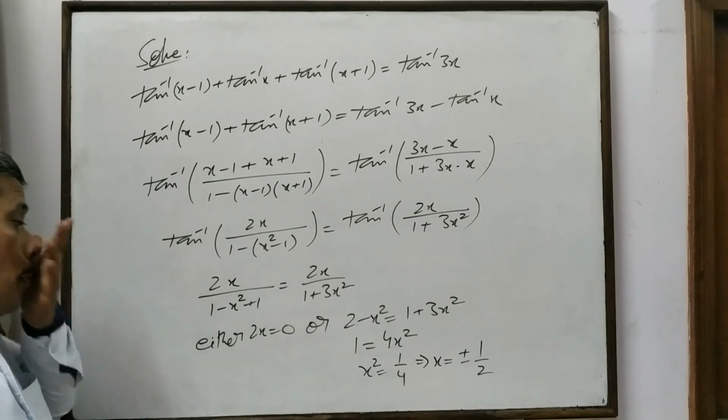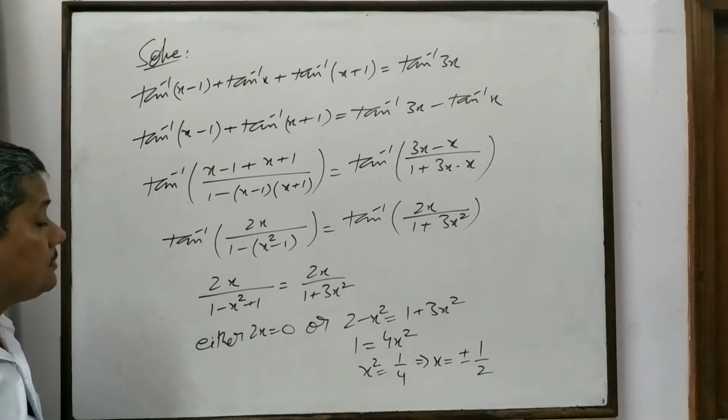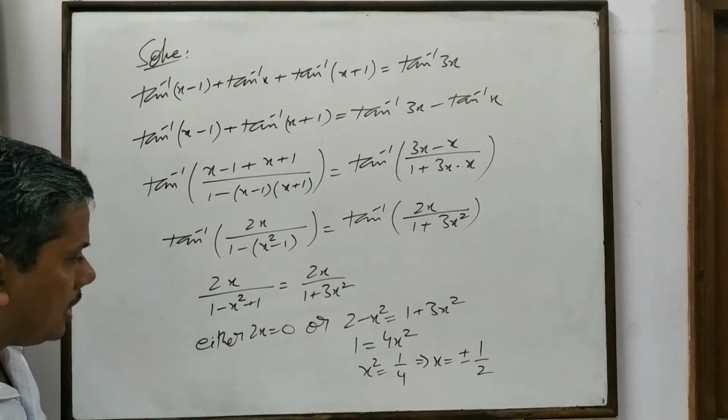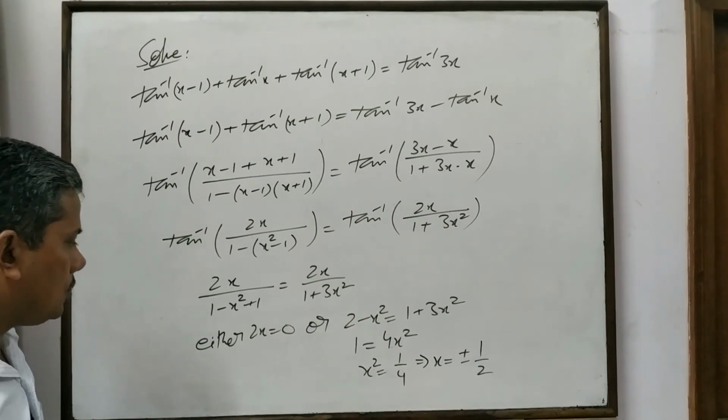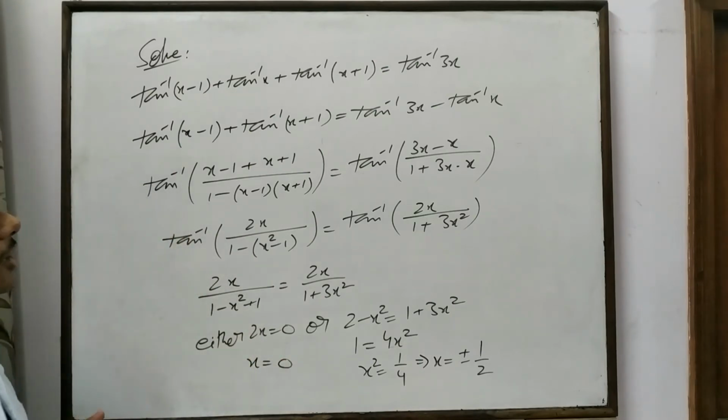Now check it out. For x is equal to 0, the equation satisfies, and for x is equal to minus half, it may be. So you have three answers: x is equal to 0, or x is equal to half, or x is equal to minus half.